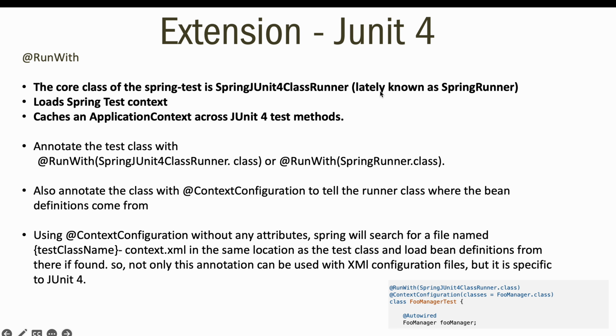What this will do is load the Spring test context for you, and it will cache that application context built for test across all your test methods in that particular class.